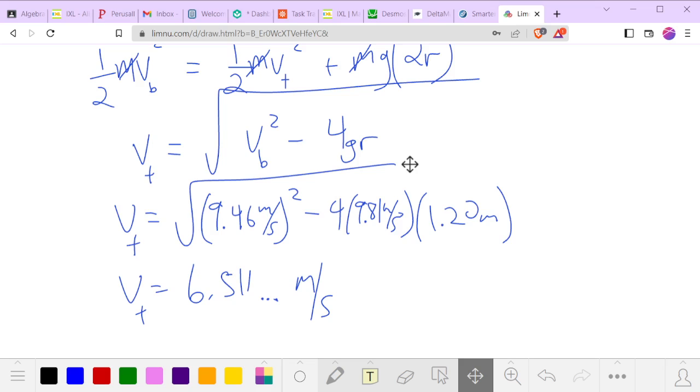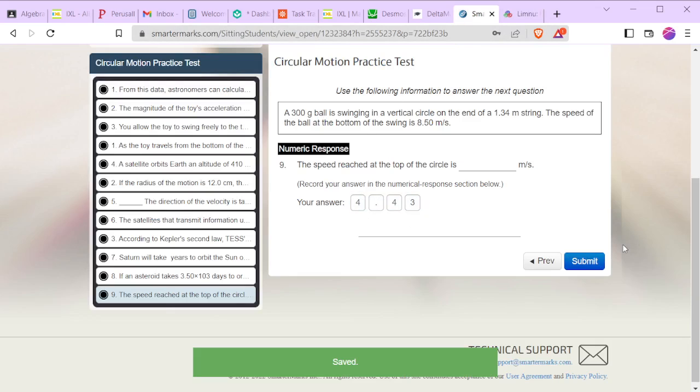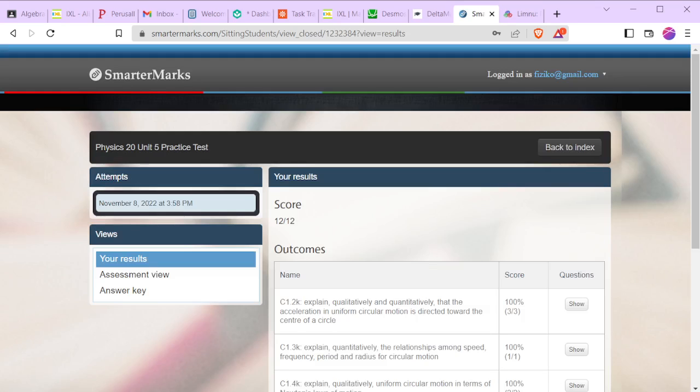So the speed at the top is the square root of the speed at the bottom, which is 8.5 squared, minus 4 times 9.81 times our length, which I think was a 1.2 or 1.34 in this case. So that works out to a 4.43. So these are the solutions to the practice test.